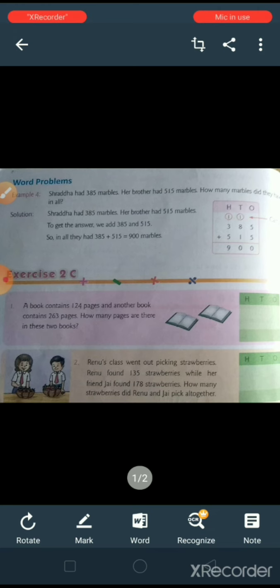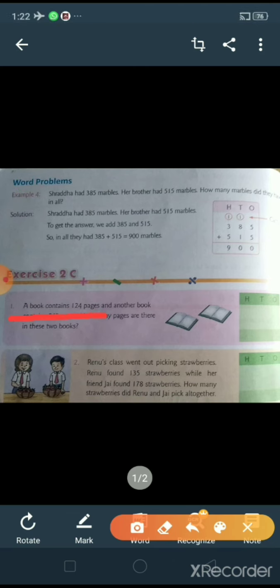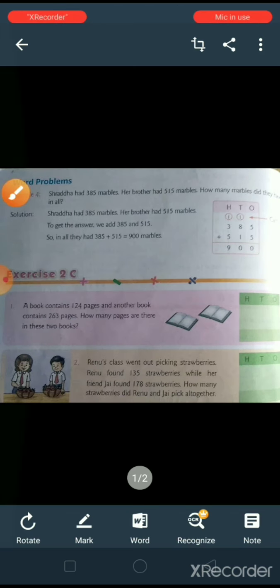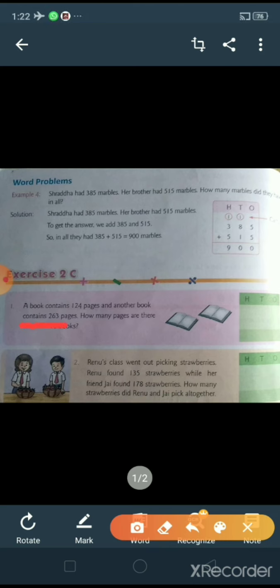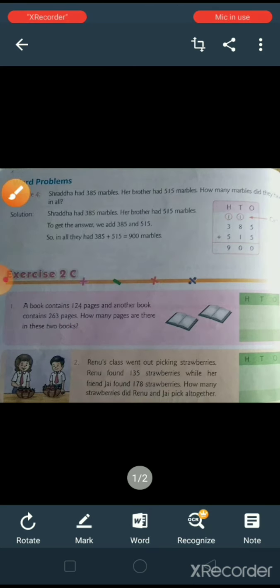So first we write what is given: a book contains 124 pages and another book contains 263 pages.